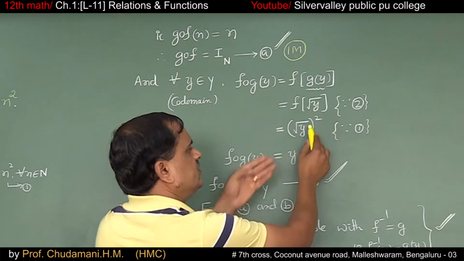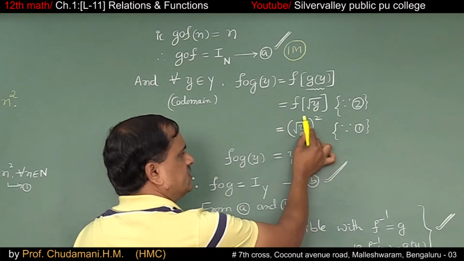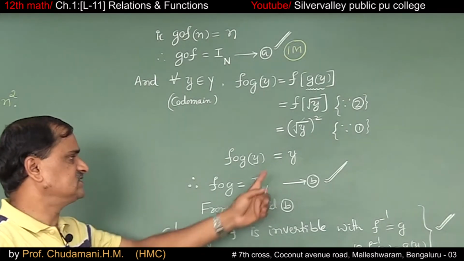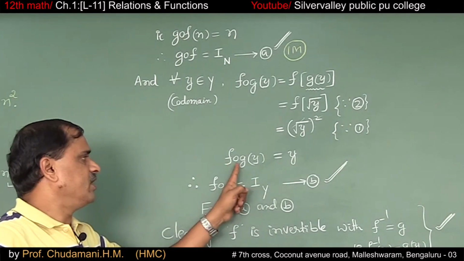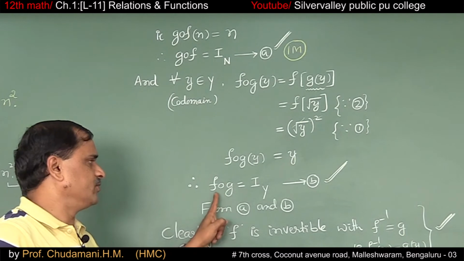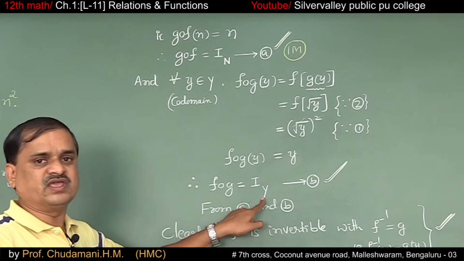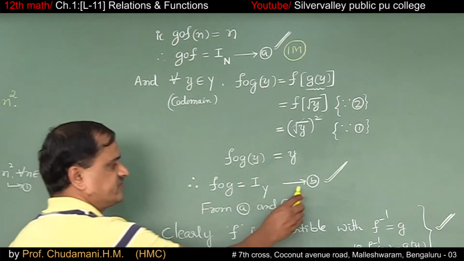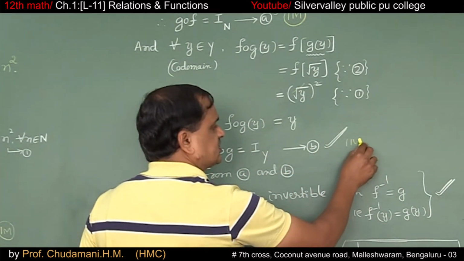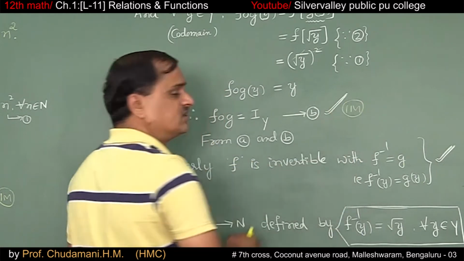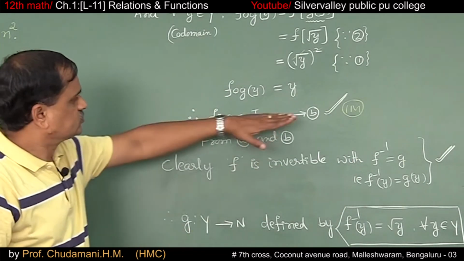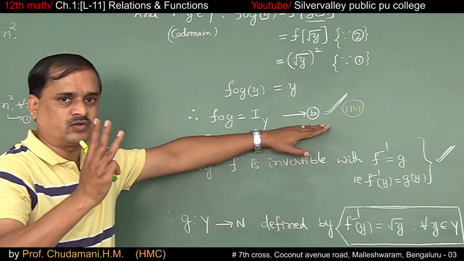F of root y means root y the square. Square and the square root get cancelled. We are left with y. Fog of y is equal to y. Therefore, fog is an identity function on the set capital Y, codomain. Say this equation B. This carries 1 more mark, the third mark, let us say. So till this you get 3 marks only.